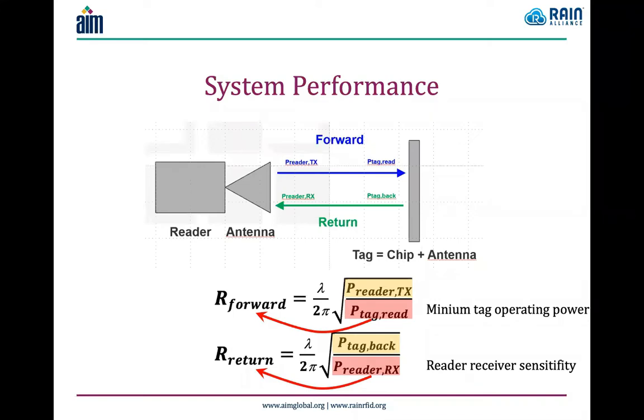This is the second performance parameter that defines the return link. So those 2 parameters define the overall read range of an RFID system. In the next slide, I have an illustration of this.